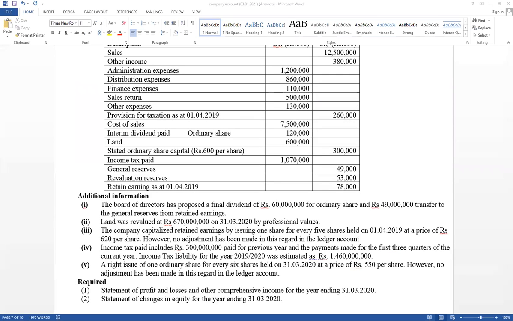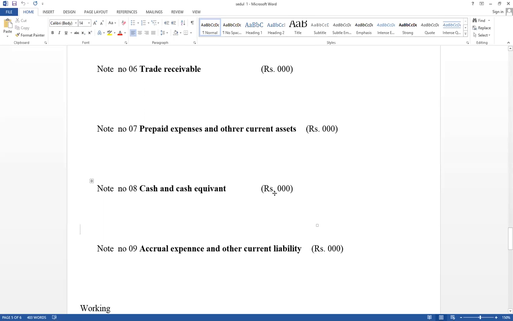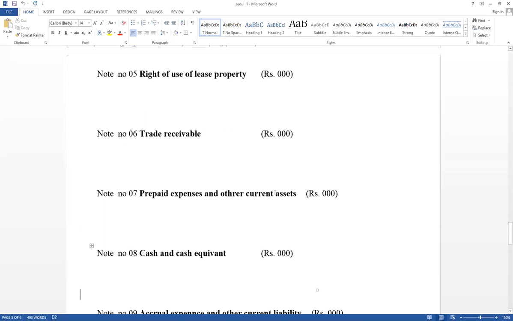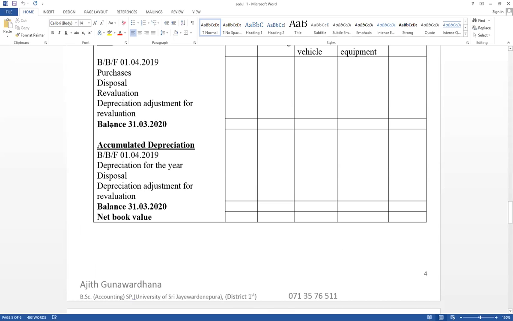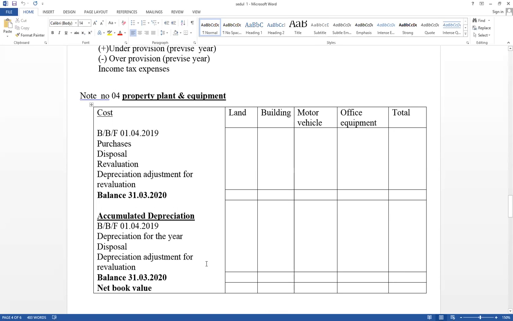Think about the format. This is a format. When we prepare the company sum, this is the format you have to apply. Therefore, you have to know how to prepare the property, plant, and equipment schedule. This one is very important. LKAS 16 is a separate standard available.